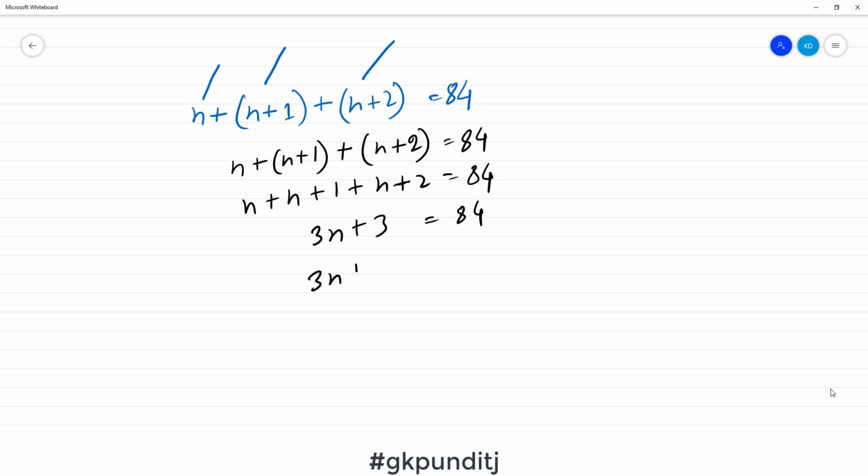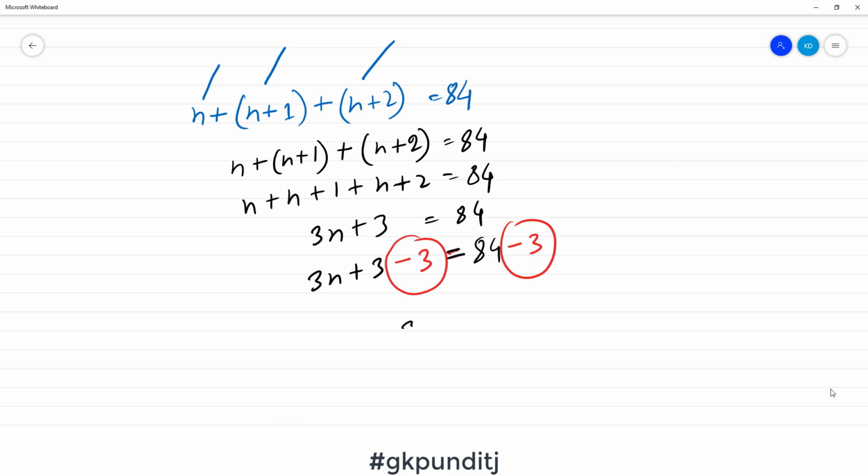Then 3n plus 3, on both sides subtract 3. Here it should be the black color. Both sides minus 3, subtract 3.